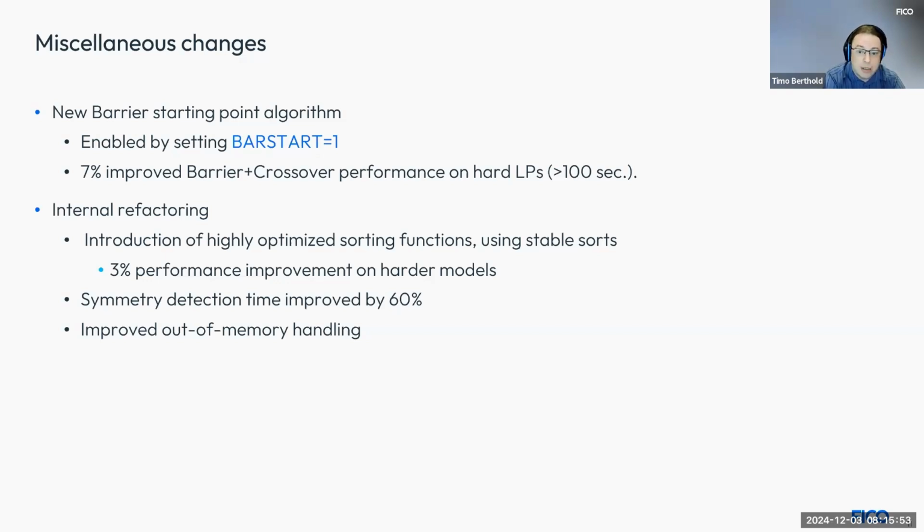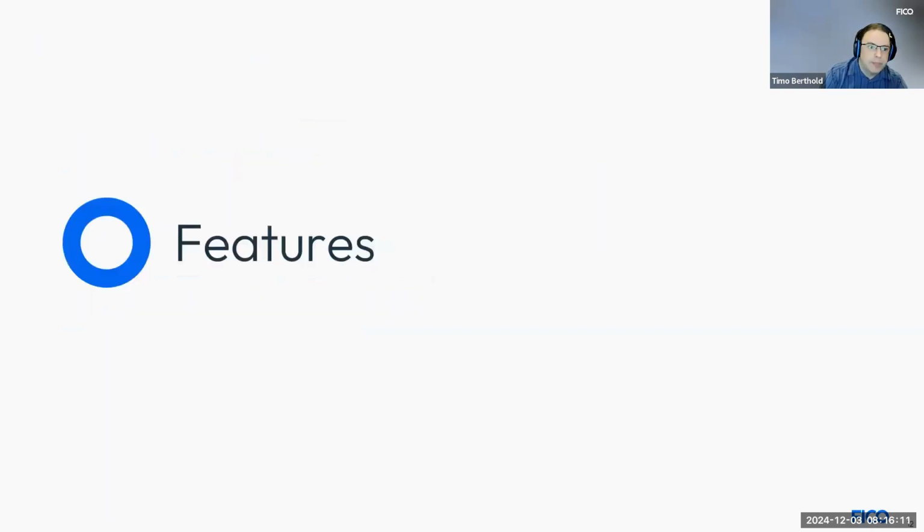So in this process, also our symmetry detection has been made more effective, reducing its runtime by about 60%, which is really nice. And finally, we could systematically improve our handling of out-of-memory situations in some rare occurrences of memouts.